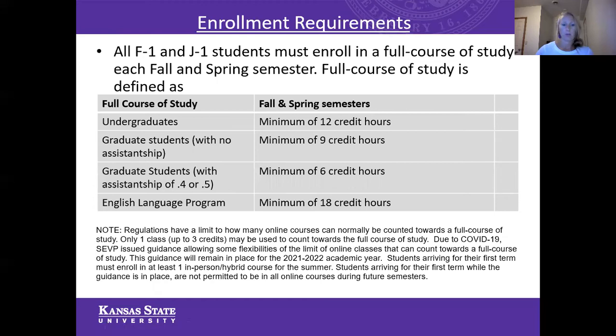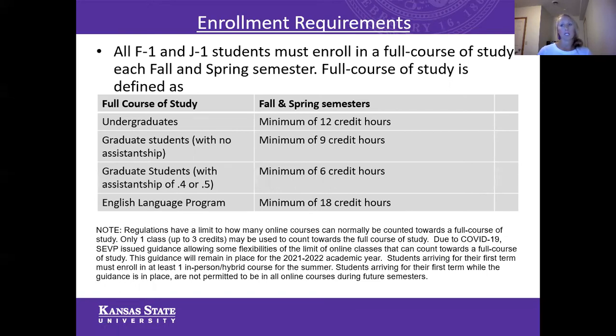Enrollment requirements. If you remember, one of our rules talked about the different enrollment requirements. Here are the definitions laid out. Every fall and spring semester, depending on your level of education, listed on the left-hand side of this table, the full-time requirements are listed on the right side. Undergraduates always have to be in 12 credit hours for the fall and the spring.